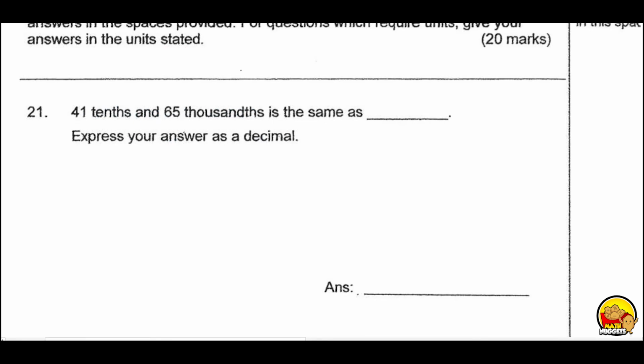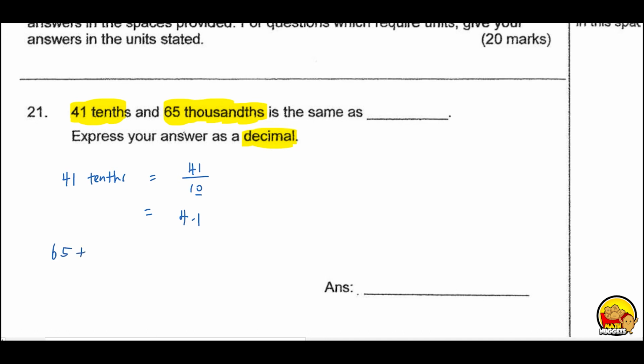Question 21. 41 tenths and 65 thousandths. We want our answer as a decimal. So what's 41 tenths? 41 tenths is 41 out of 10. Right? So tenth means 1 decimal place, 4.1.